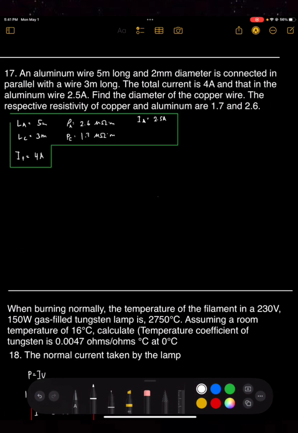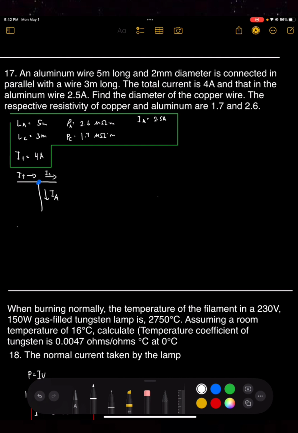So in number 17, we first identified all the givens and we identify how the movements of the current is made. So this is I total goes into this node. So this node releases I copper and I aluminum.